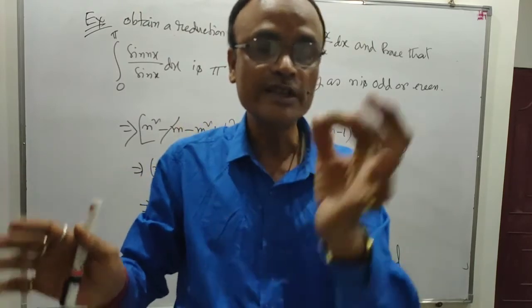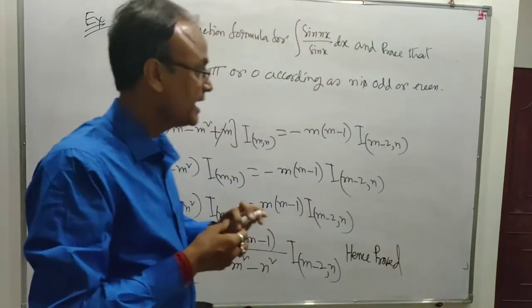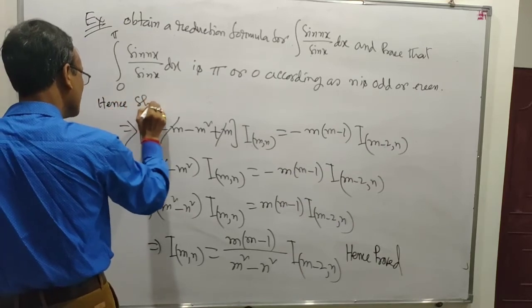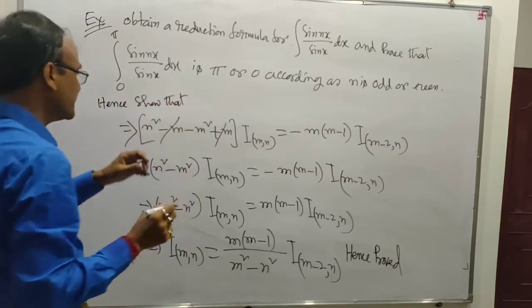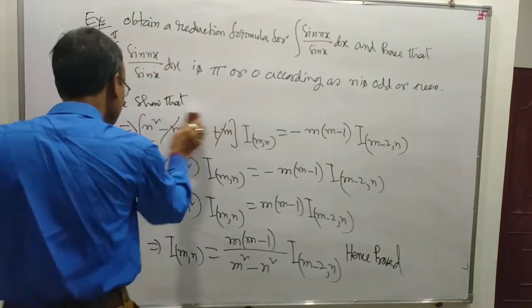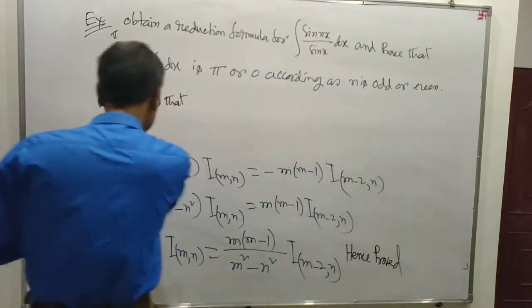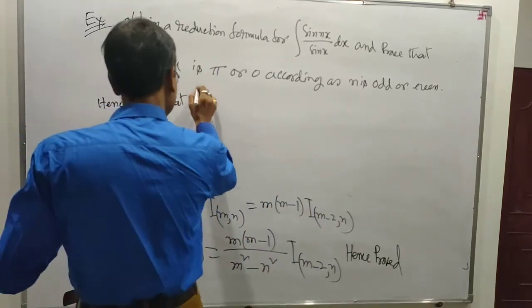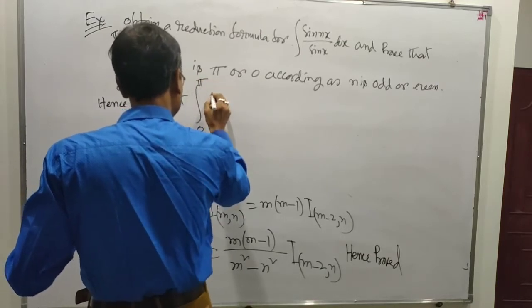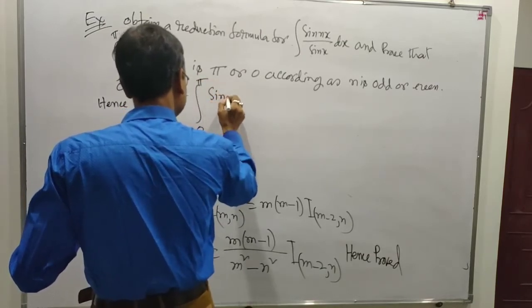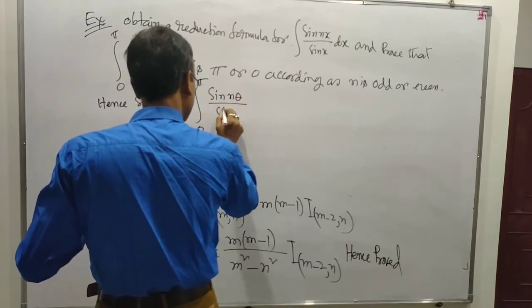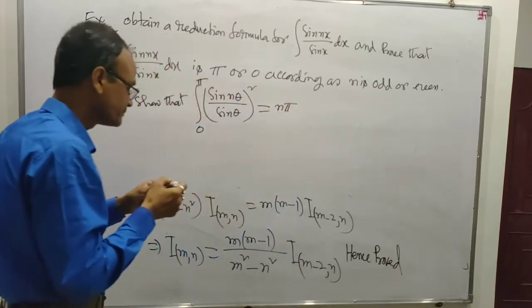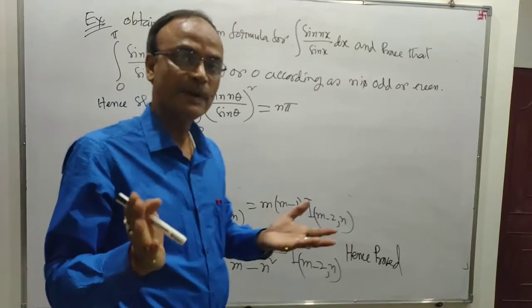And hence show that integration 0 to pi, sin n theta divided by sin theta, this whole square, is equal to n pi.